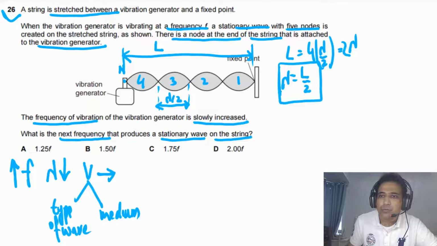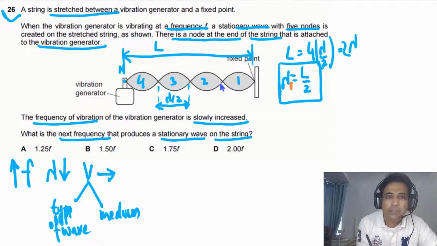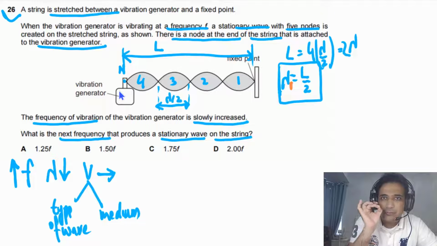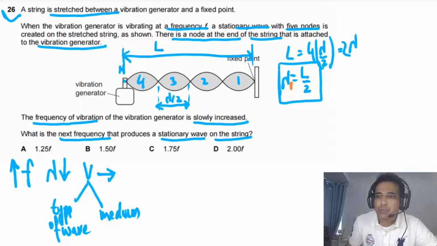Very important point, we will discuss some beautiful points here. Now how about the next stationary wave? The next stationary wave will form when it has 5 loops. Let me show you how the wave will look.